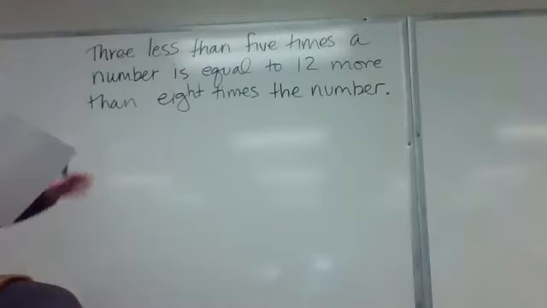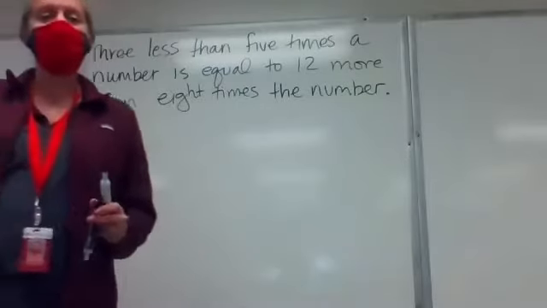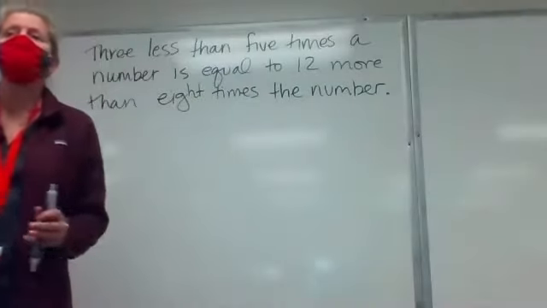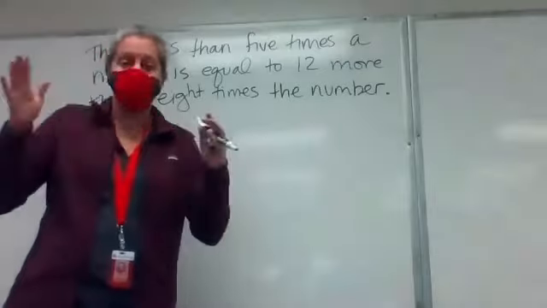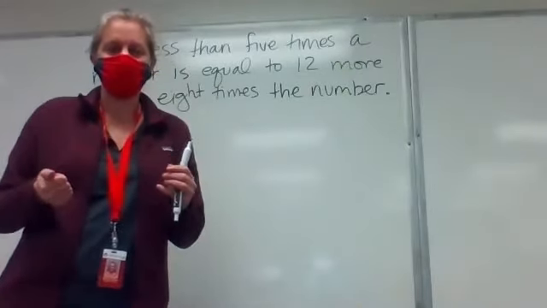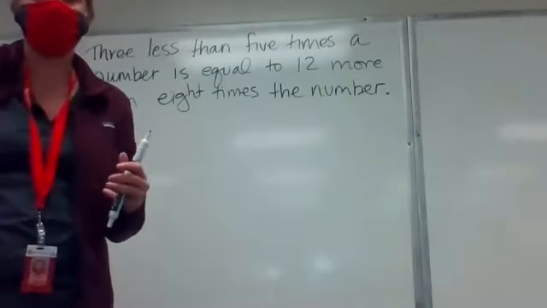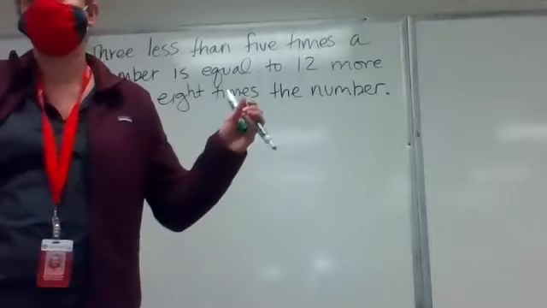All right, 3 less than 5 times a number is equal to 12 more than 8 times the number. And I guess, you know, when I was putting all those words up there that mean add, subtract, multiply, equals, I also probably should have said something about the wording: a number is where you're going to put your X. You're always going to put your X where it says a number or an unknown number or the number.